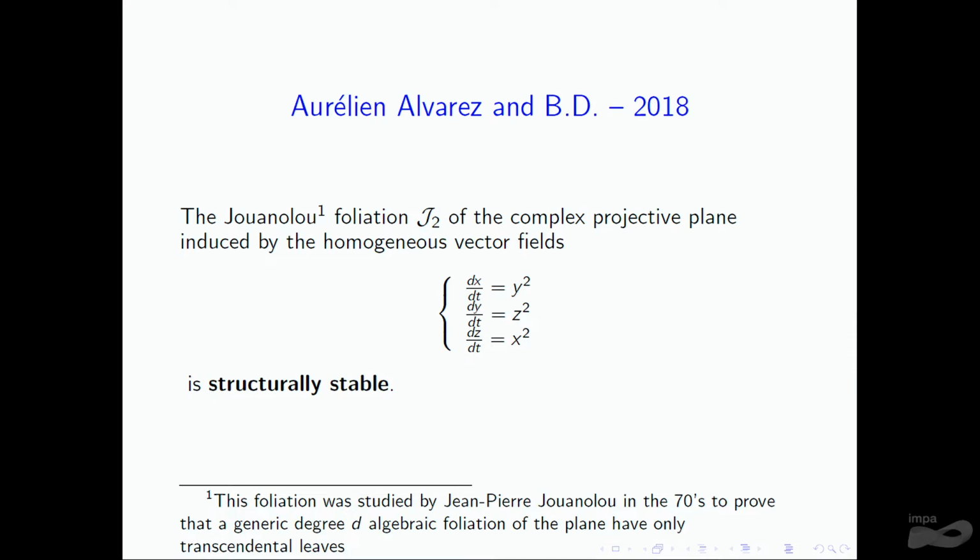And moreover, we proved that it has kind of interesting dynamics. It has two parts in its phase space. It has a part which is extremely simple: it is completely integrable. You have a first integral defined on an open set. But this open set is not the whole of P2. Its complement is a very thin set.